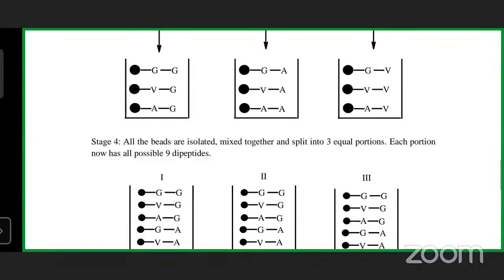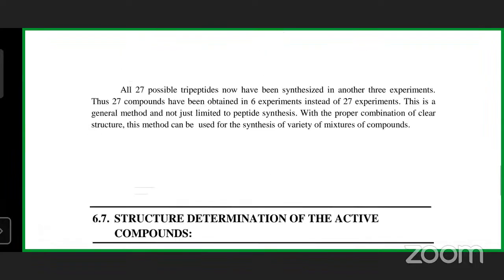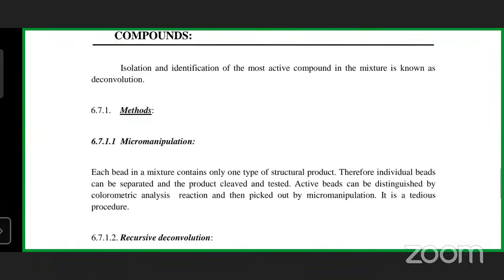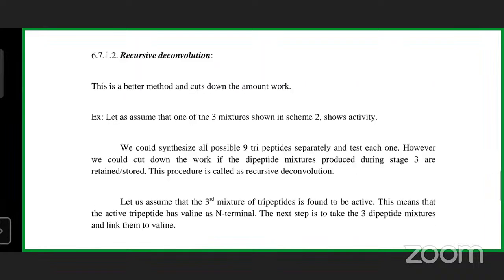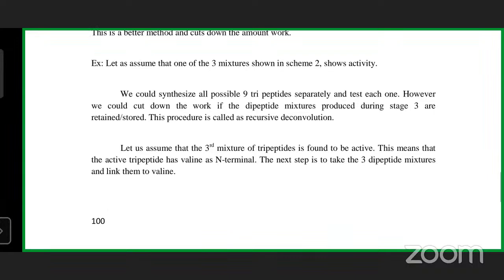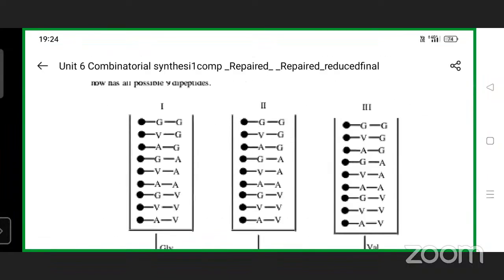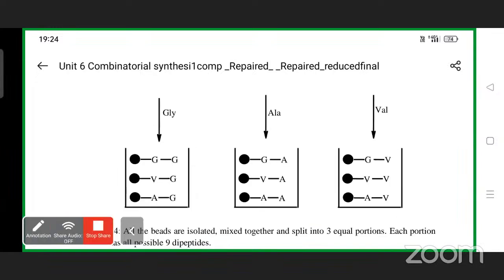In this particular method, the dipeptides of the third stage are preserved, retained, or stored here. You store these third step products. What is the third step product here? Dipeptides, like this one.